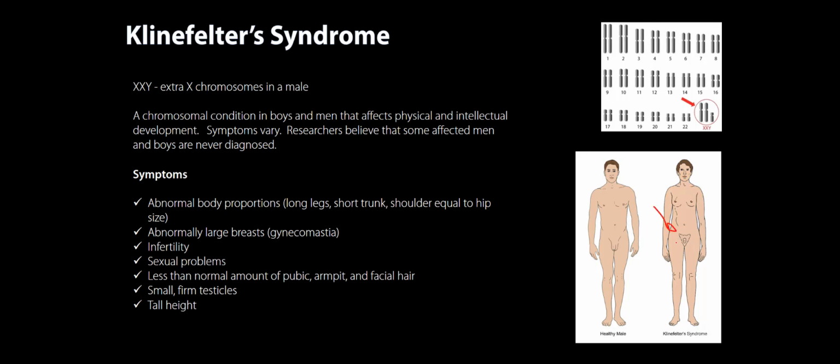For example, the pubic hair grows in a female pattern. It doesn't say it here, but some of the other websites and books you read say that fat deposition is feminine as well. So that's Klinefelter. These people generally also have learning disabilities and varying psychological effects.